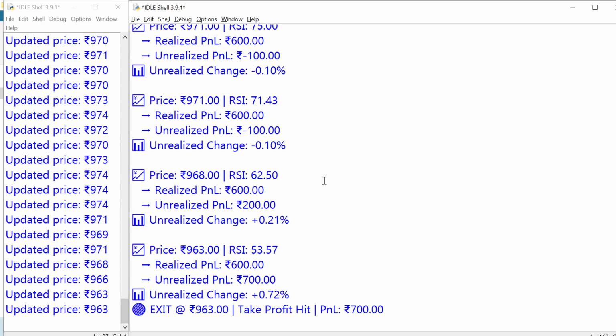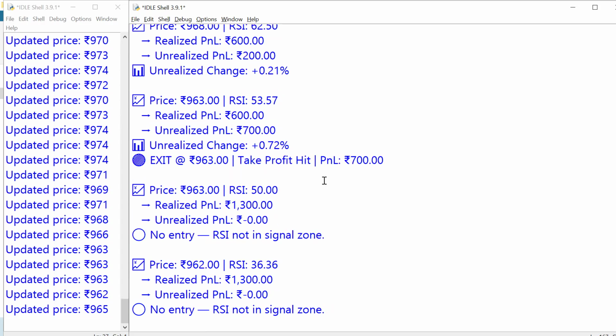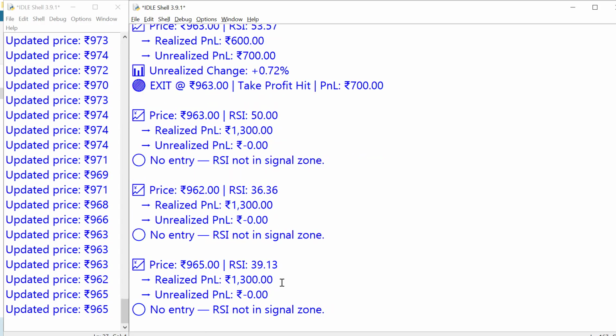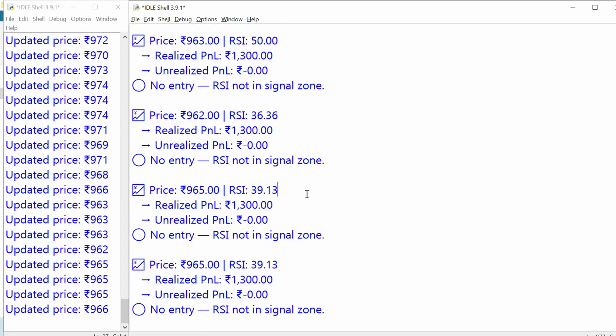Okay, we have taken one more 700 as a profit. See the beauty. I'm just running and observing the things. It was from minus 1500 to plus 1300. So we have seen the worst part, we have seen the best part, we have seen the complete transition in a recording itself.